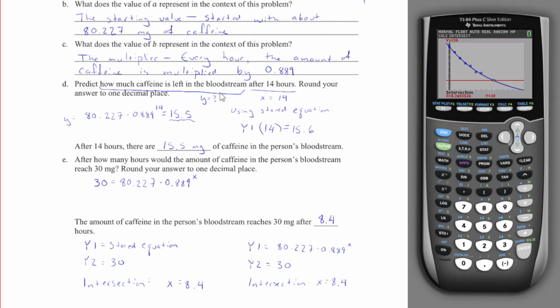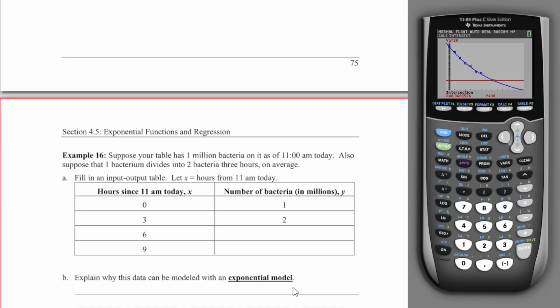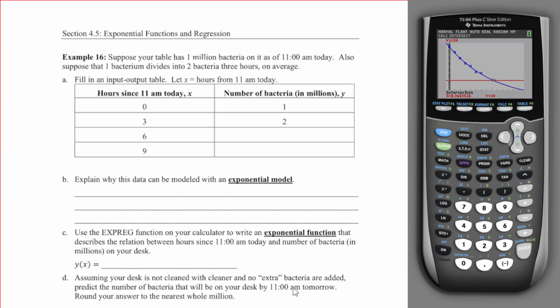Okay, so here's another example where we're going to want to use the expreg function, even though this is an exactly exponential relationship. Suppose that you know that your table has 1 million bacteria on it as of 11 a.m. today. Also suppose that one bacterium divides into 2 every 3 hours on average.